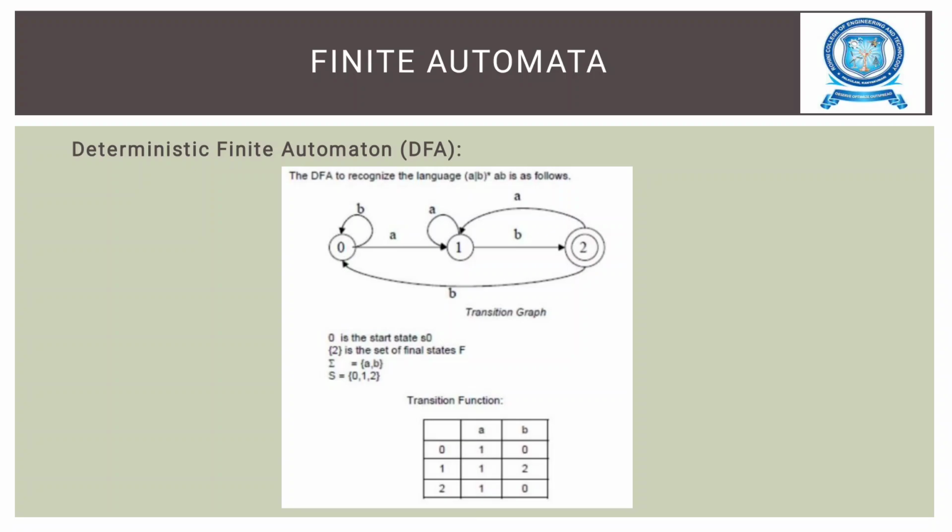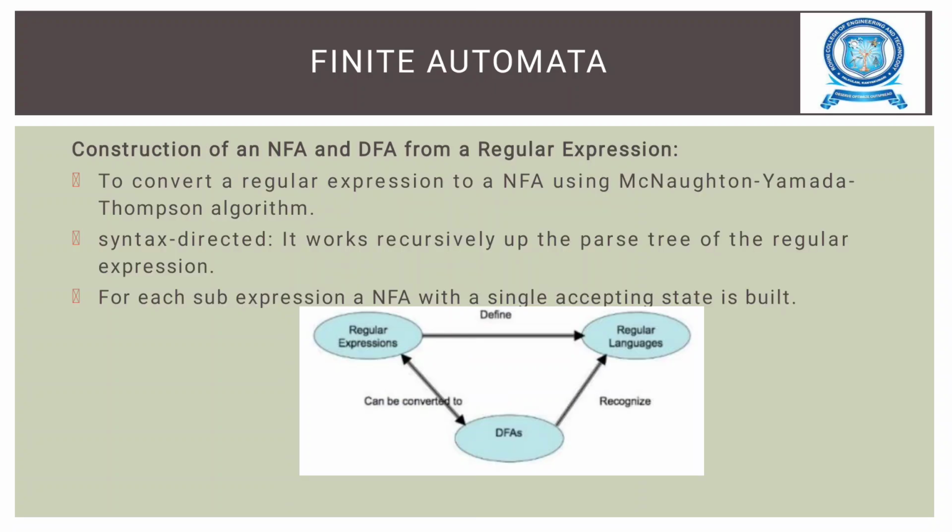For the input A, it only moves from 0 to 1, only one transition for the input, and B moves from 0 to 0, so B has only one target state. So this is a DFA.